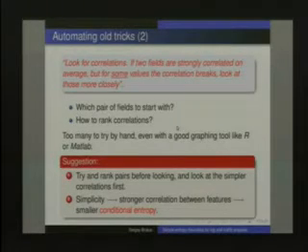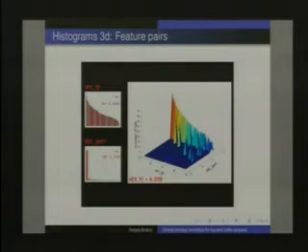Again, I'm going to look at histograms, only they will be two-dimensional histograms. So source IP on the x-axis, destination port on the y-axis. On the z-axis, the count of the co-occurrence of IP and destination port.